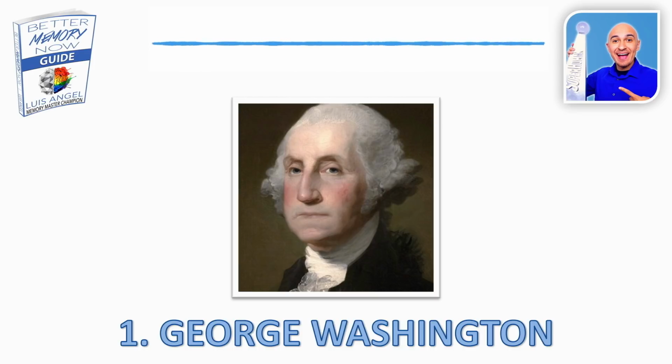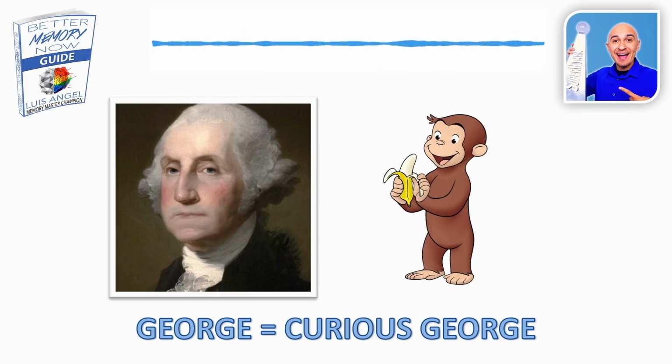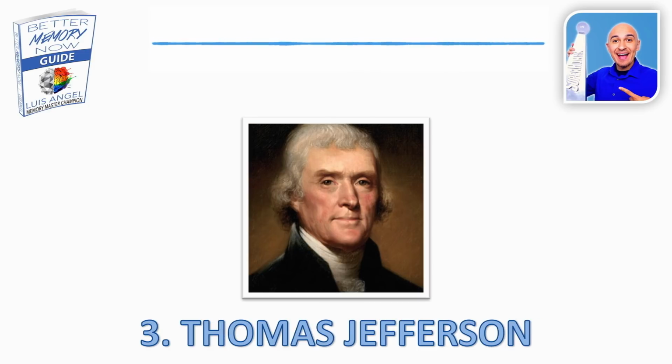Can you memorize the first name using this method? Of course you can. Maybe for George, you'll picture Curious George inside of the washing machine. I don't know. Add whatever it is that you want to that first name that is going to help you remember it. You more than likely won't need it for most of these because as soon as you hear the last name, you've already heard that first name, like Thomas Jefferson.